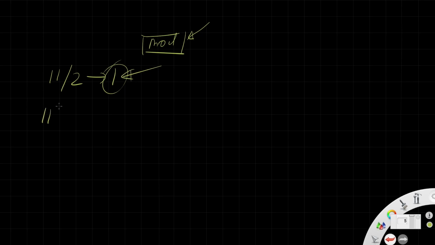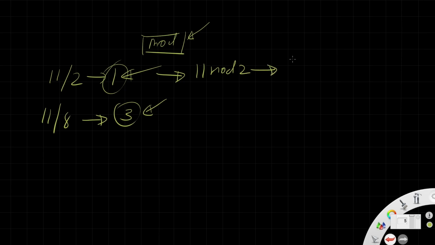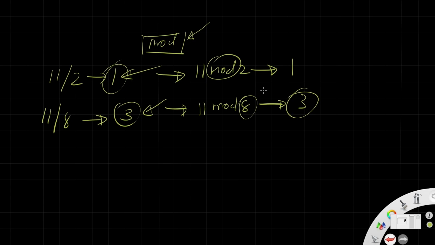Now 11 divided by, say for example, 8, what remains? The remainder is 3 in this case. So we can say 11 mod 2 is 1. This is the mod operation, and 11 mod 8 is 3. Now the idea here is that 3 is a small number, depending on this particular value. 3 is always less than this particular value.